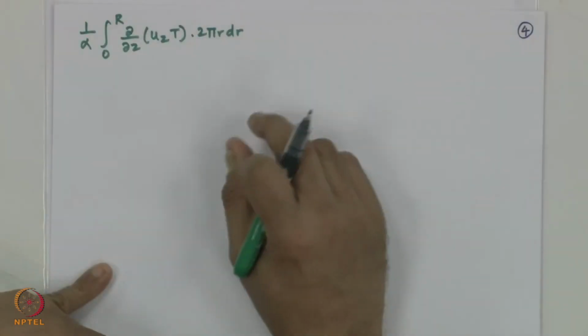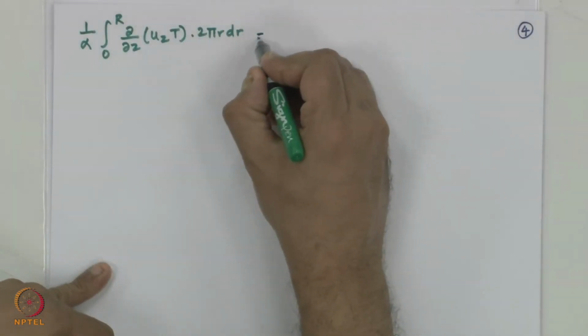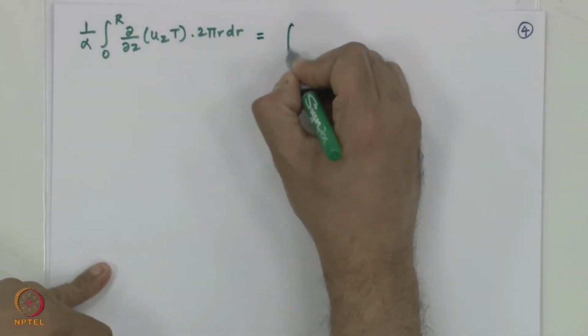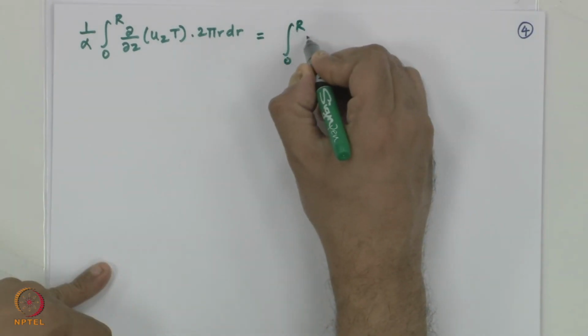This is going to be 1 by alpha integral 0 to capital R d by dz of (u_z T) 2 pi r dr. This of course is 2 pi r dr. Integration with respect to r alone does not make sense; it is integration with respect to area dA, this 2 pi r dr.